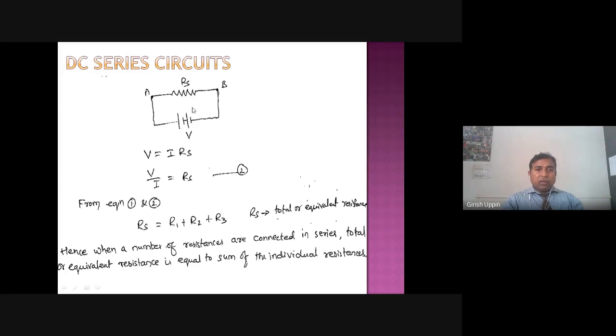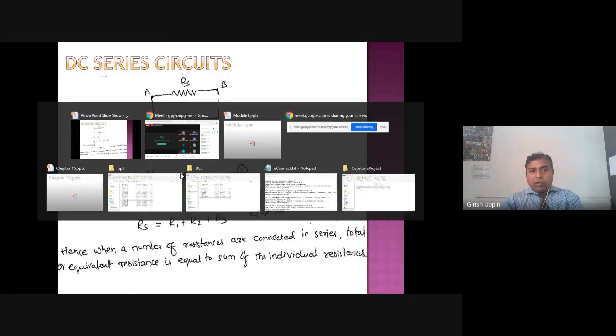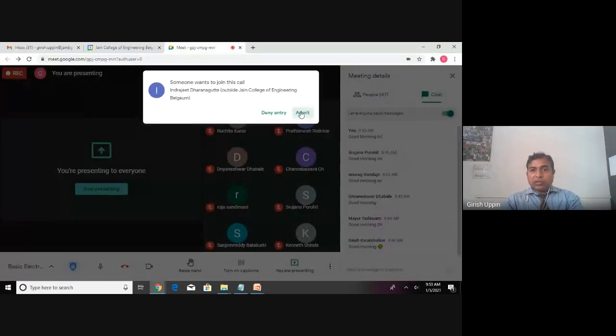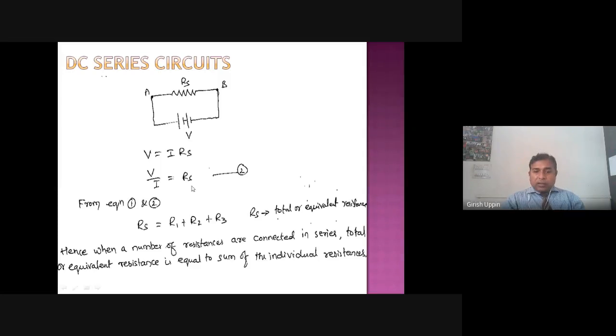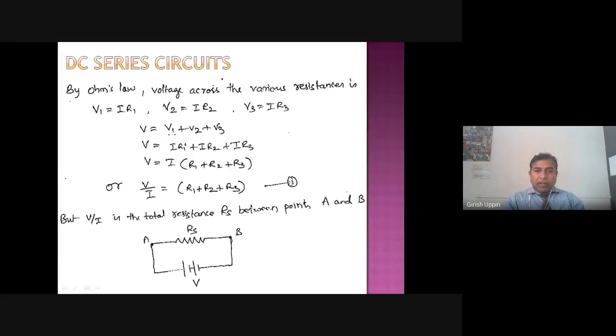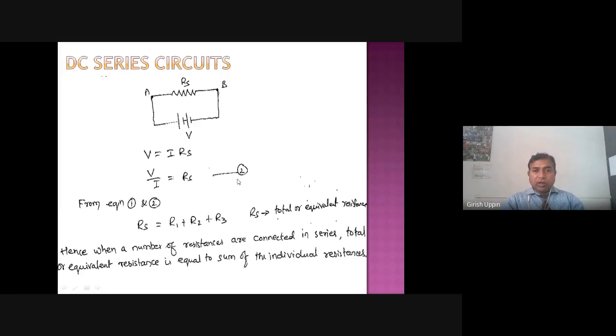So for the applied voltage V, if I place a resistance which will result in the same amount of current, then I can write V is equal to I into RS, so V by I is equal to RS. This particular resistance is also resulting in the same current for the applied voltage V. Therefore, we can say that equation 1 which we got earlier and equation 2 are equal.